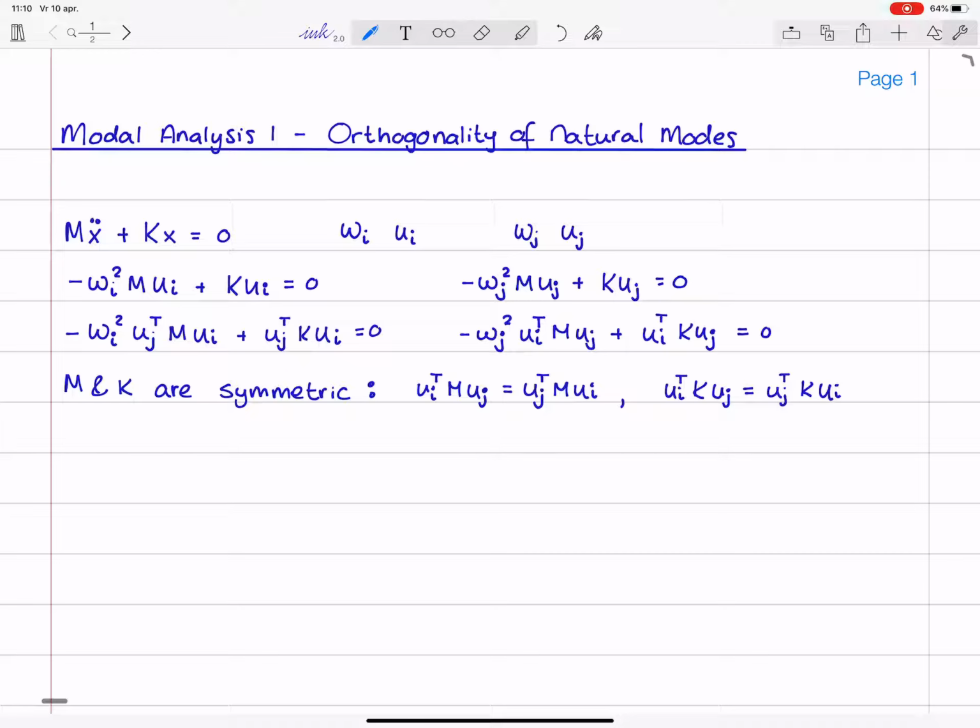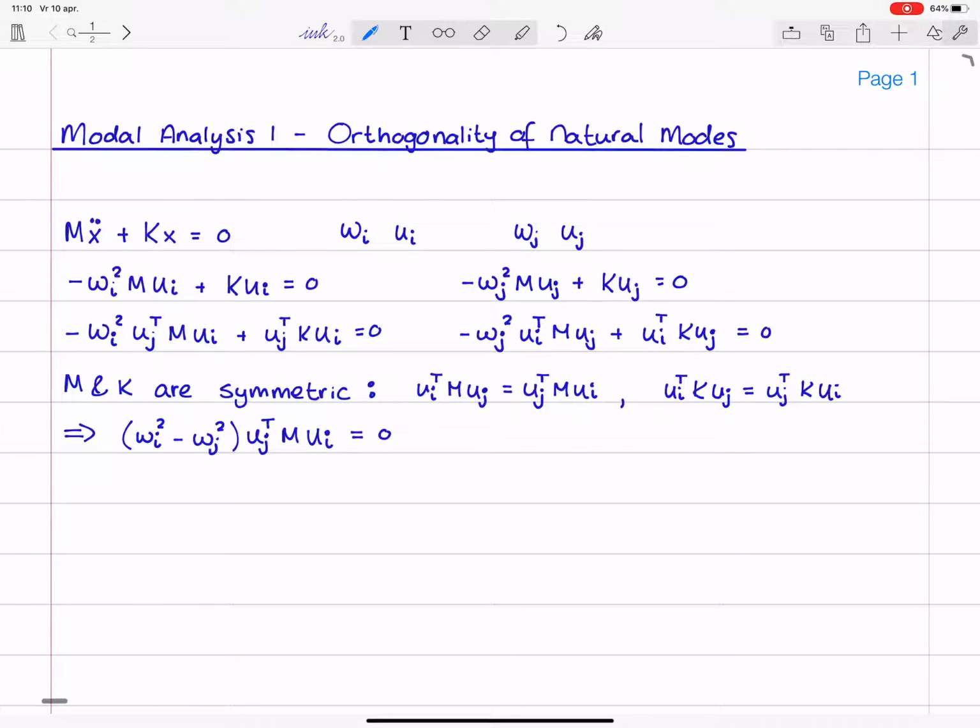So if I look at the two equations above, I see that in fact the stiffness term is exactly the same in both left and right equations. So let me subtract the first equation from the second. In that way, I get that omega i squared minus omega j squared times u_j transposed M u_i is equal to 0, because the term with the stiffness drops.